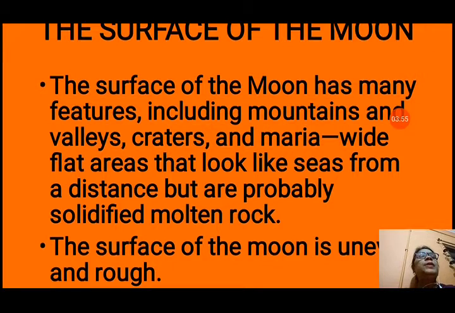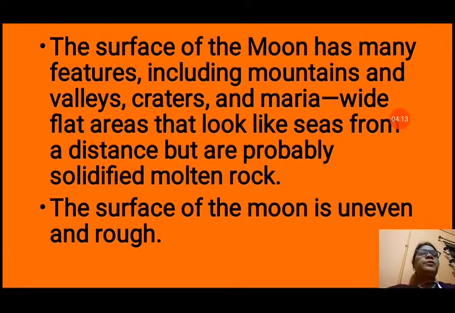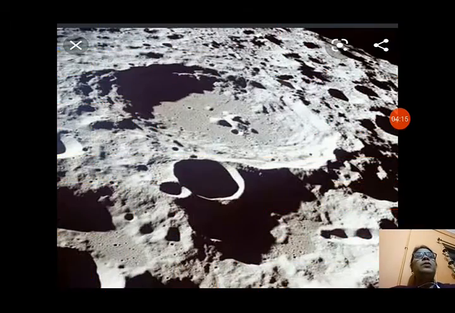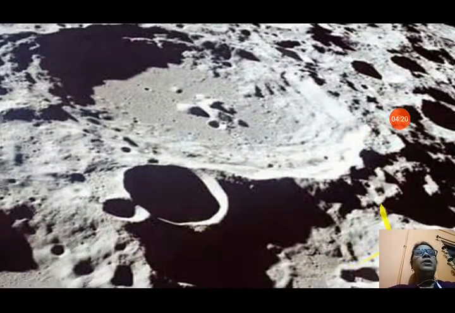It contains many mountains, plains, craters, valleys and these maria that look like seas from a distance but are actually solidified molten rock. The surface of the Moon is uneven and rough. You can see the surface of the Moon in this picture. It is uneven and it is rough also.